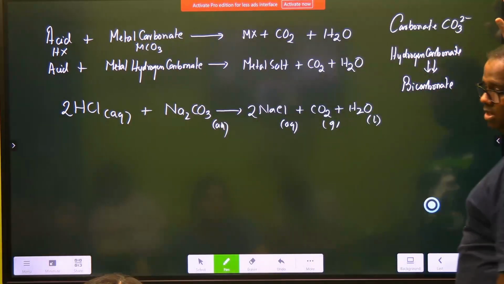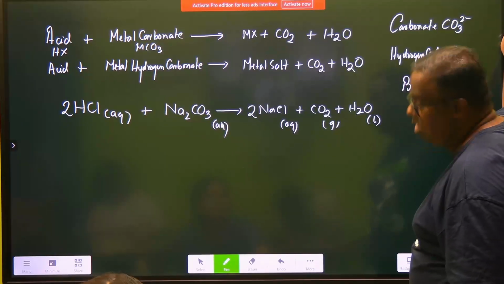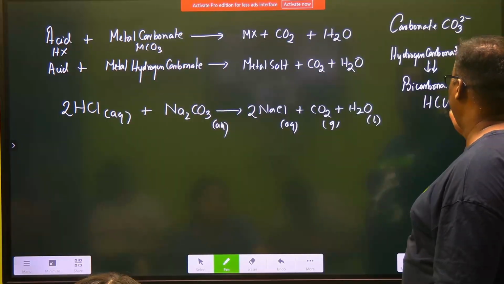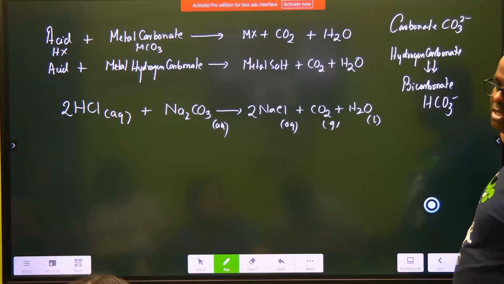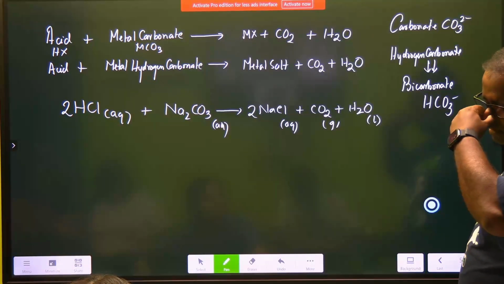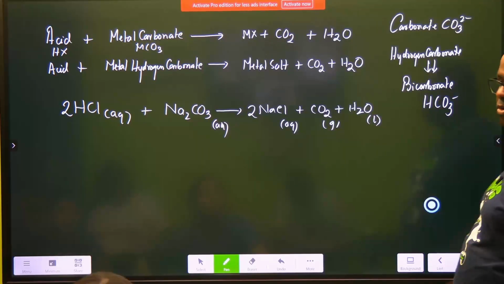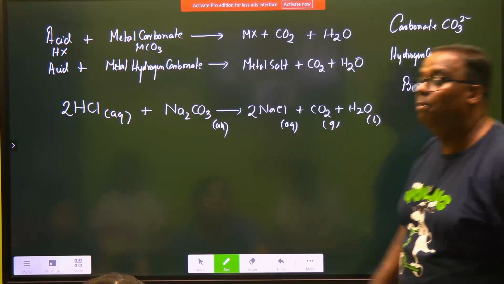Hydrogen carbonate. Carbonate was CO3 2 minus. Hydrogen comes as H plus, will eat up 1 minus and will become HCO3 minus. Did you understand the logic? CO3 is 2 minus. Hydrogen ion is H plus. Plus and 2 minus is 1 minus, which is appearing out here.